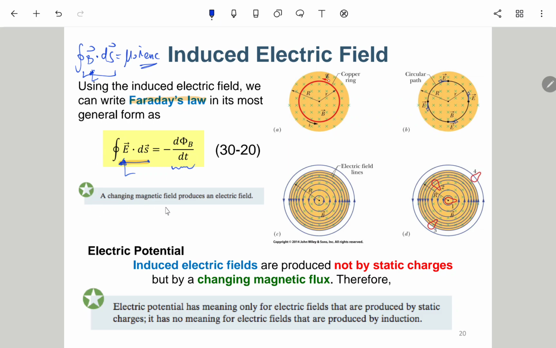It says a changing B field produces an electric field. And also in chapter 32, you will learn that a changing E field will generate a B field.